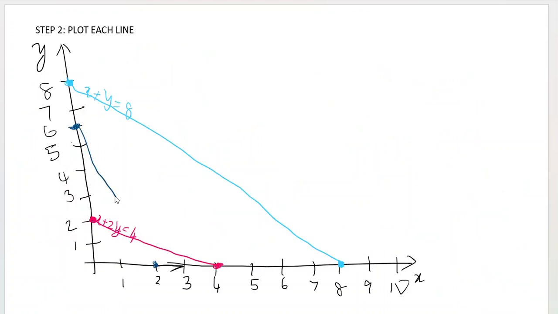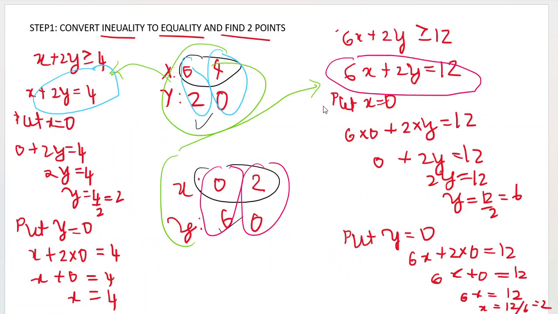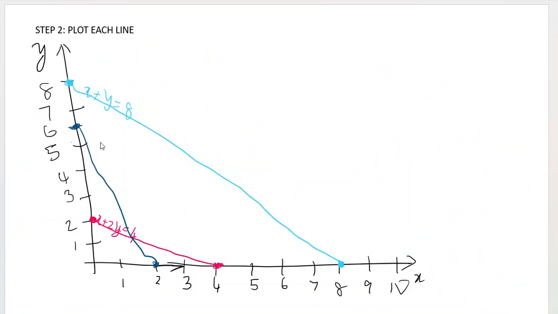We join this with a straight line, and then we write the name of the line there: 6x plus 2y is equal to 12. This is the second step which we have to do.